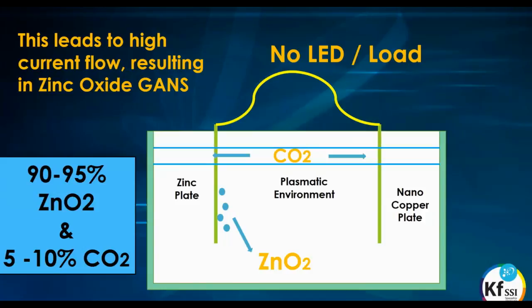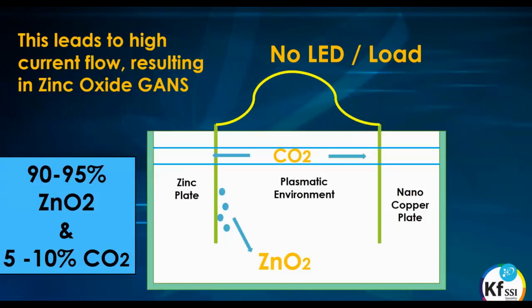But this one's very important to understand because we have seen a lot of people out there that are creating and showing that they're creating huge amounts of CO2 GANS, what they would view as CO2 GANS. But when you look at their setup, they don't have any load across there, or they've put batteries between the two plates.